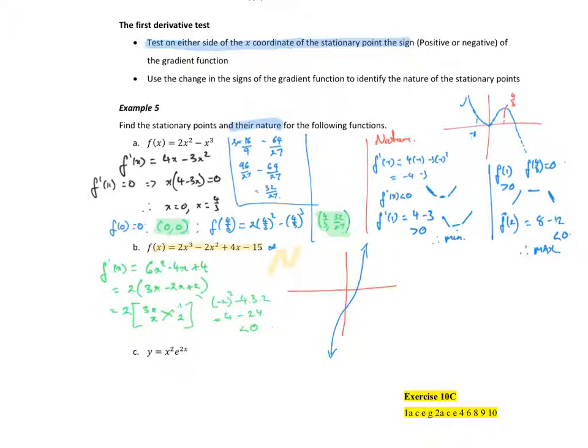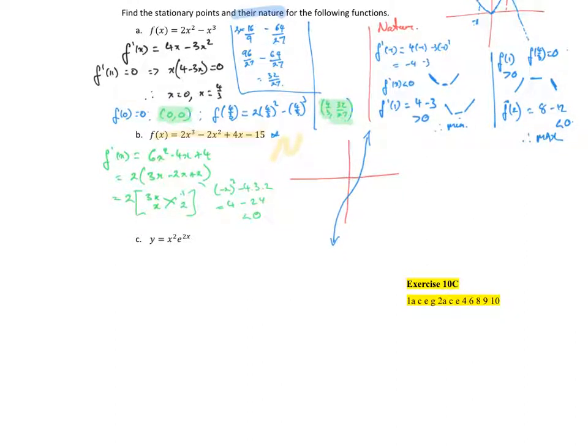y equals x squared e to the 2x. So let's have a look. We've got a product rule here, haven't we? So u is equal to x squared, which means u dashed is equal to 2x. I'll put v equal e to the 2x, which means v dashed is equal to 2e to the 2x.